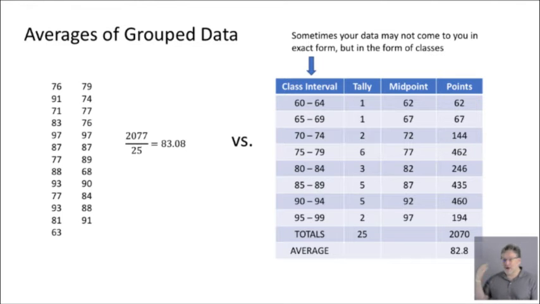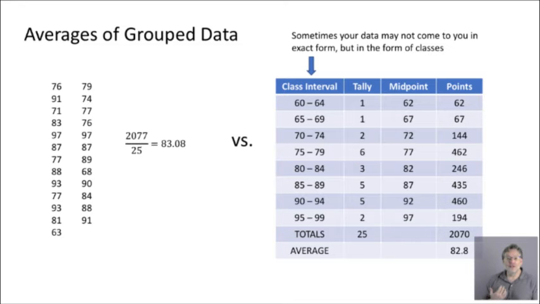In the rightmost column, I'm tallying up all the points for each of those ranges. One student having a score of 62, that's 62 points. Another student in the next row having a score of 67, that's another 67 points. In the third row, 2 students are both assumed as having scores of 72, right in the middle of that range, and so that contributes another 144 points, and so on, all the way down to the bottom, where we total up all those points to get 2,070.